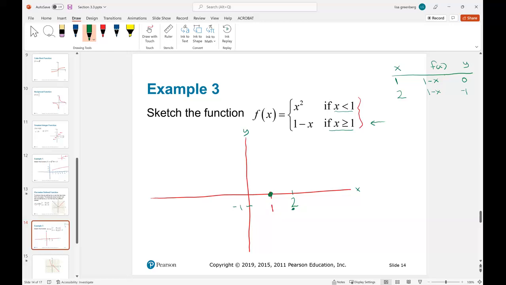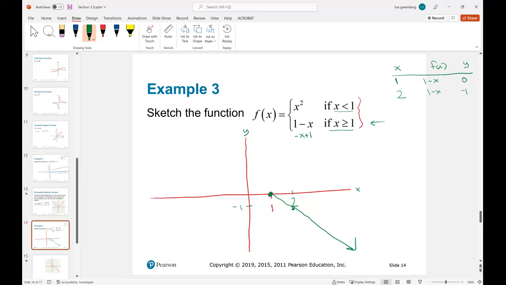And this is a linear function because this is the same as minus x plus 1, right? And I have a slope of negative 1, which it looks like I'm going to have because I am going down from here to here. And it continues on because it's when x is greater than, so it just goes on forever in that direction.